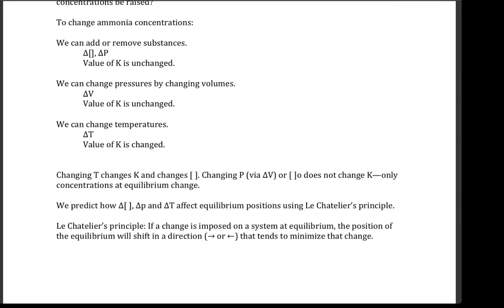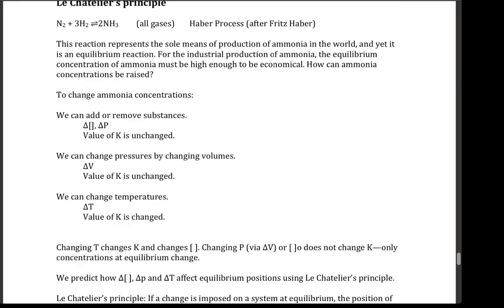So if we want to get more ammonia, as people who are making it industrially, we can push the reaction toward the ammonia side by changing concentrations of N2, of H2, of NH3. We can squeeze the reaction flask down.